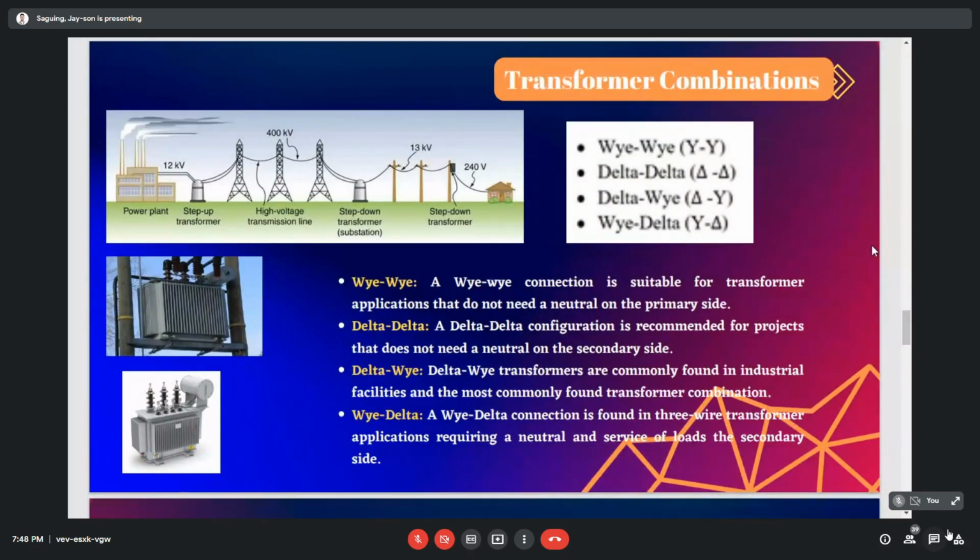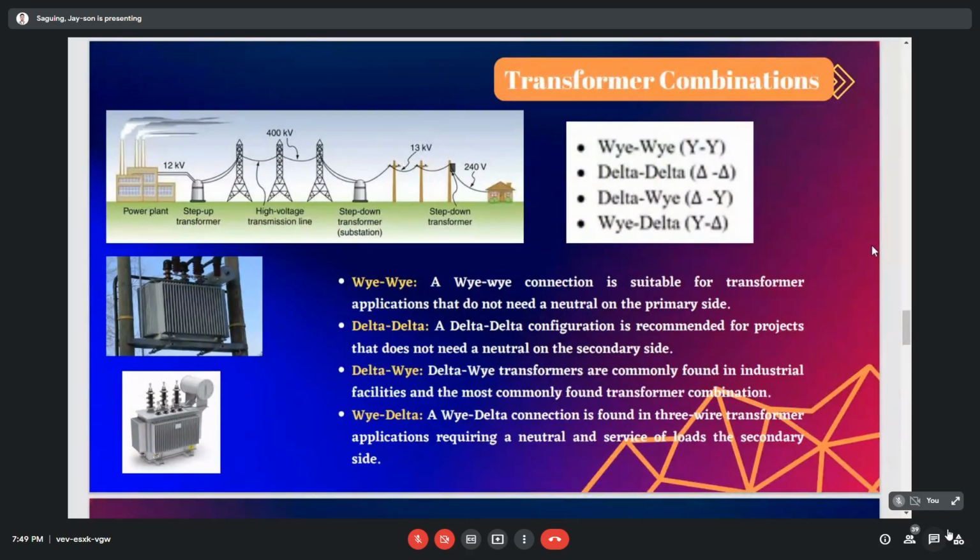A transformer is used to step down or step up the voltage, for example from 440 volts to 220 volts. The transformer is commonly found in substations. It is also used in generating power plants like geothermal or hydroelectric power plants.